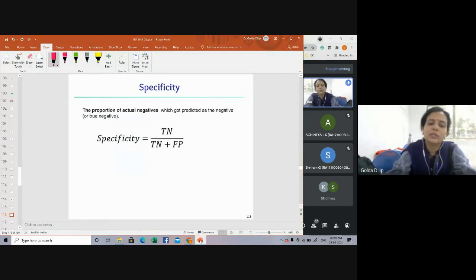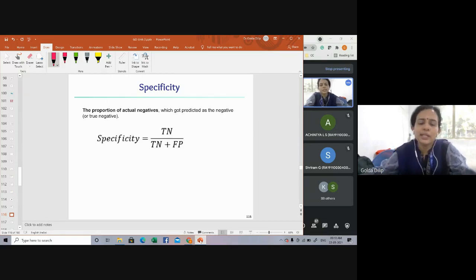By now you know it is a summary of the prediction results on a classification problem: the number of correct and incorrect predictions are aggregated and summarized with their count values, broken down by each class. That's the concept of your confusion matrix.